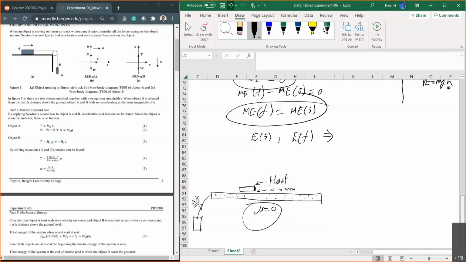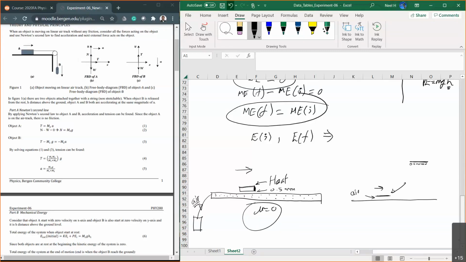However, when the cart is moving, you can see this is the track and this is the cart, okay? When the cart is moving, there's a small airflow between the cart and the track. Because of that, this air starts to move. If you look at the bottom surface of the cart, air molecules are just underneath.